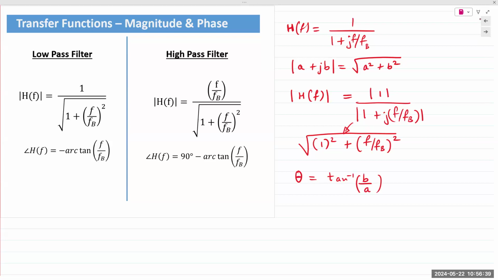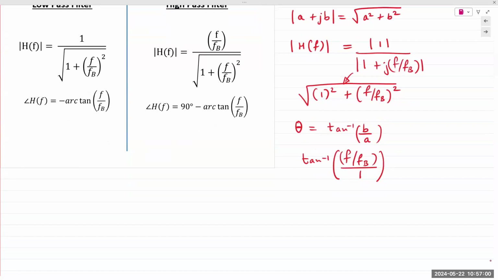So again, if I was trying to find it for the denominator, I would have tan inverse of f over fb divided by 1. Just the denominator. The numerator, so the phase of H of f would be the phase angle of 1 and the phase angle of the denominator.